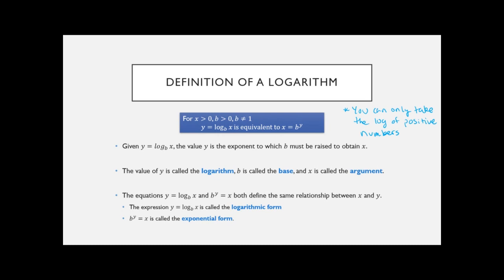And b is not equal to 1, because 1 to any power just doesn't mean anything. So the equation y equals log base b of x is equivalent to x equals b to the y.